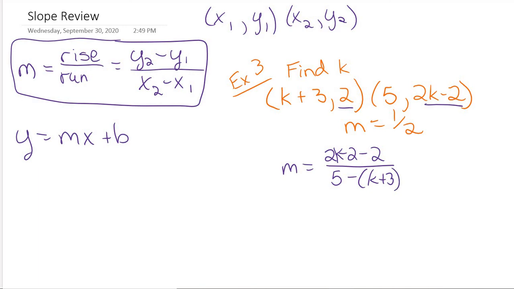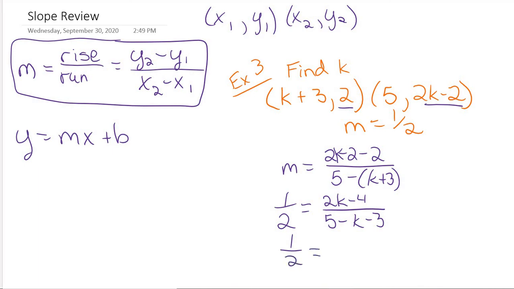And notice that I put the k plus 3 in parentheses because you're going to have to distribute that negative. Now I can also replace the m with 1/2 because that's what we're told it equals. So I have 2k minus 4 in the numerator, and I have 5 minus k minus 3 from distributing the negative.